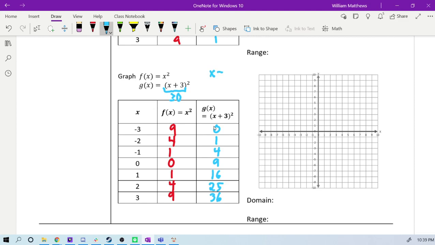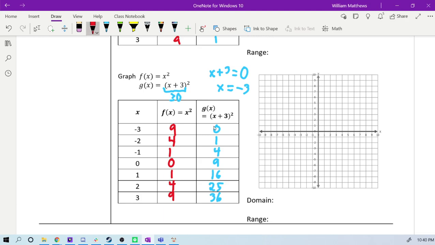I would have x plus 3 equals 0. Now to solve for x, I have to subtract 3 from both sides, giving me x equals a -3. And if we look at our -3 value, our new transformation is 0.